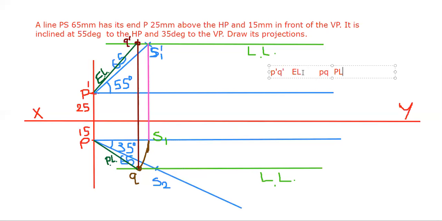So elevation length is nothing but the front view length, and plan length is nothing but the top view length. So in this way you can solve the problem, and our solution is to get the elevation length and plan length in this. Okay, so we will stop here.